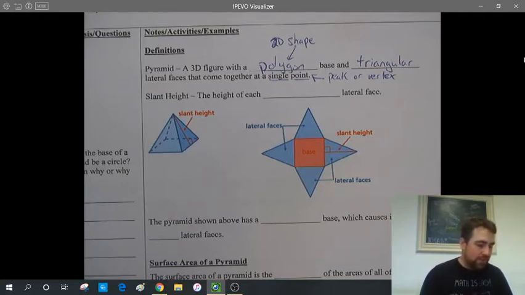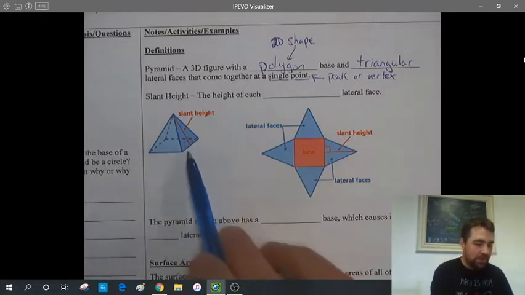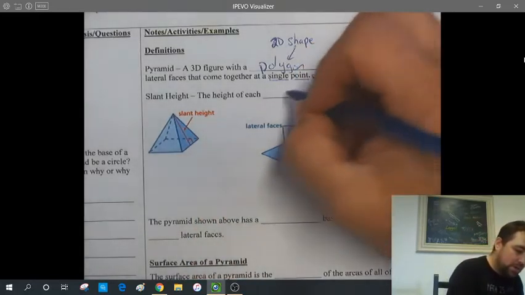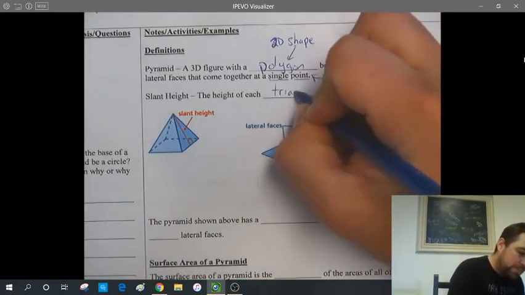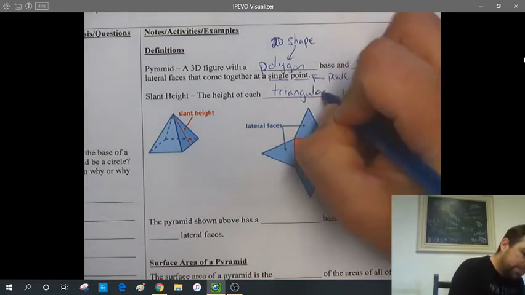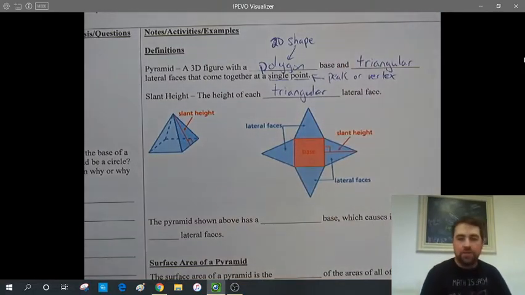Another important term here for us is what the slant height is. And so you can see slant height is labeled here on this pyramid. And so it's the height of each of the triangular lateral faces. Okay, so it's not the height of the pyramid, right?